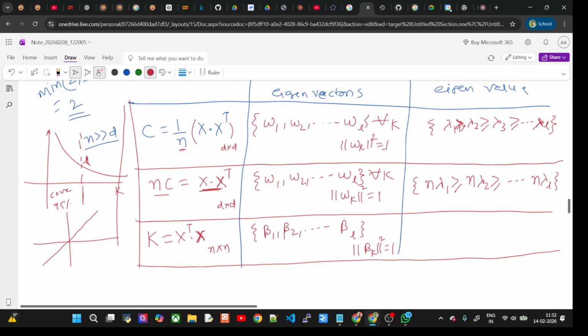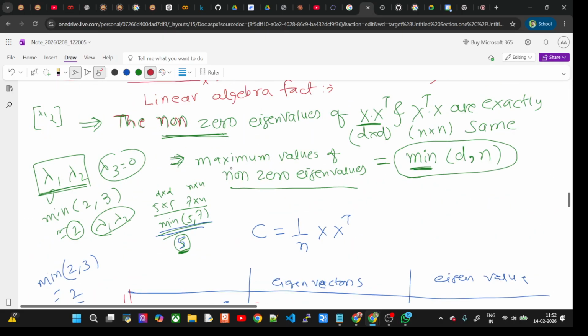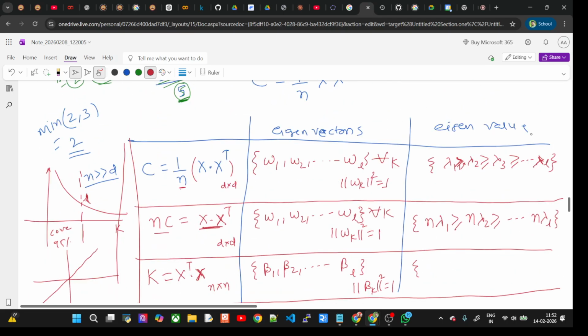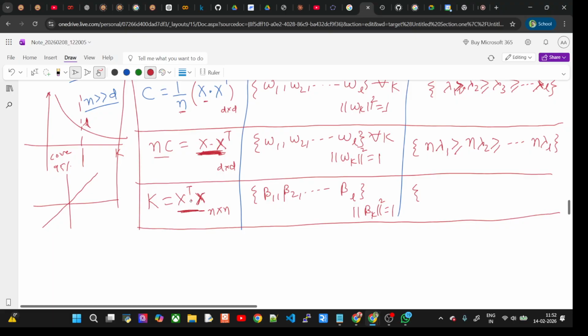Now, in linear algebra we just said that the non-zero eigenvalues of X into X transpose and X transpose X are exactly the same. So whatever X is, X into X transpose and X transpose into X will have the same eigenvalues, n lambda 1 greater than or equal to n lambda 2 greater than or equal to n lambda n.